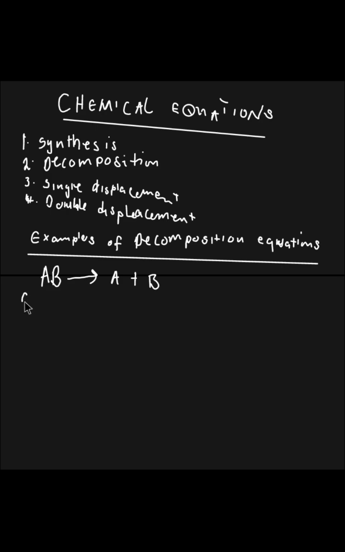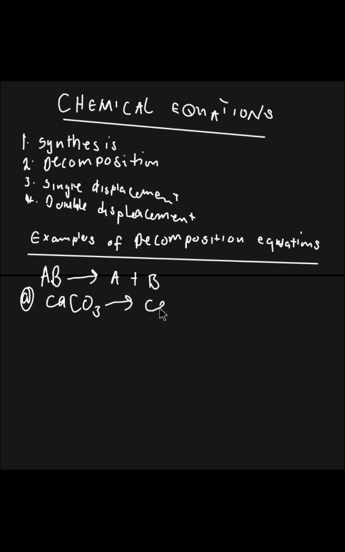So I'm going to give a few examples, then I would like to see what you come up with in the comment section. Now the first example that we are going to look at is this one. This compound is known as calcium carbonate.